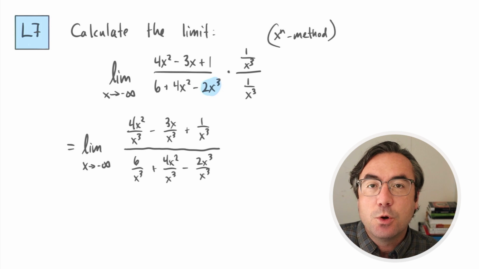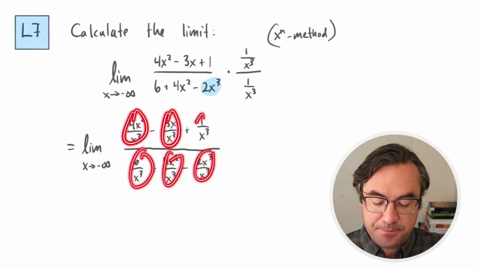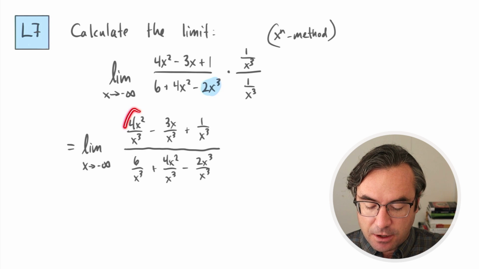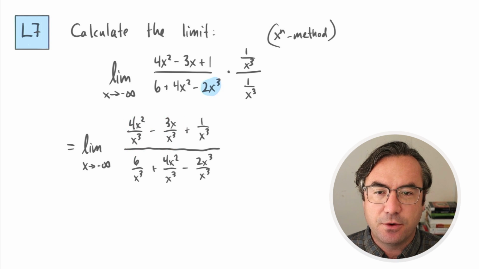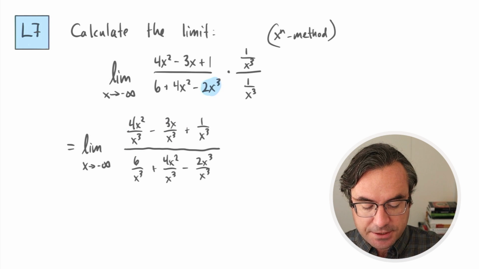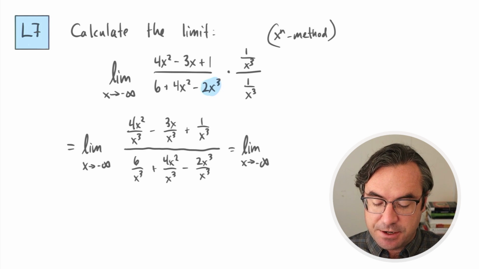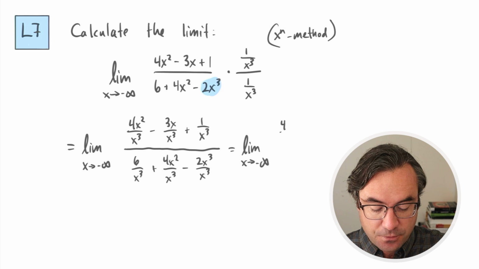Now we want to simplify each of these fractions down as much as they can. Some of them are going to simplify, some of them aren't. All of the ones that have an x on the top and an x on the bottom, we're going to simplify those down. So that first fraction, the 4x squared over x cubed, simplifies to just 4 over x.